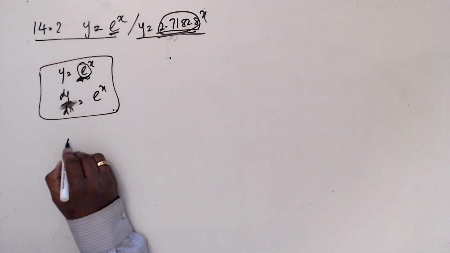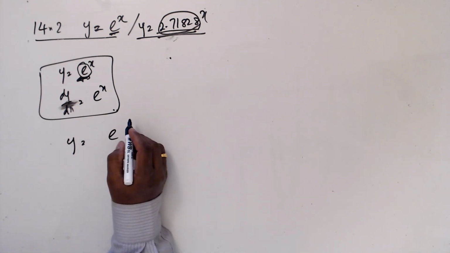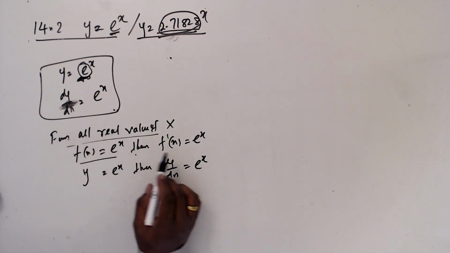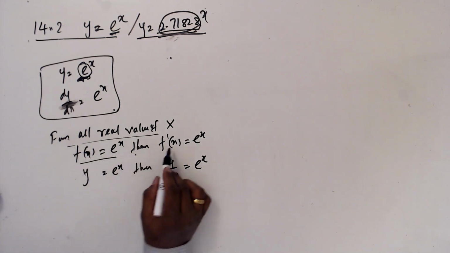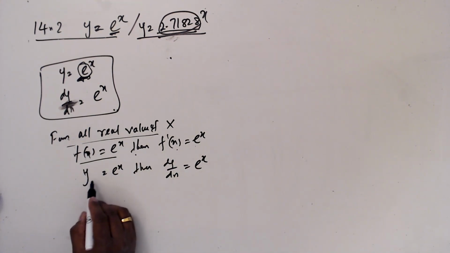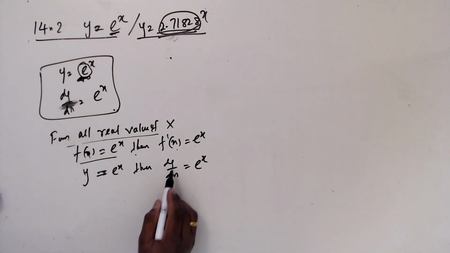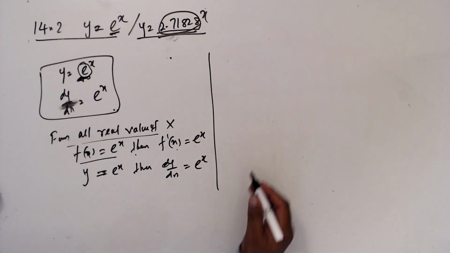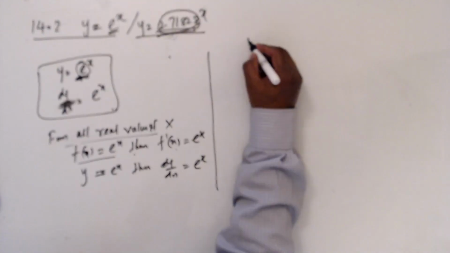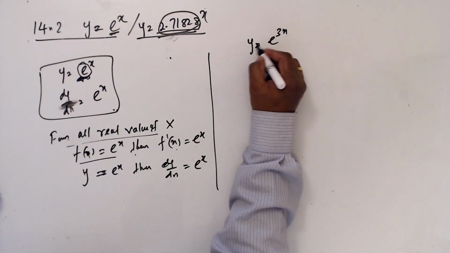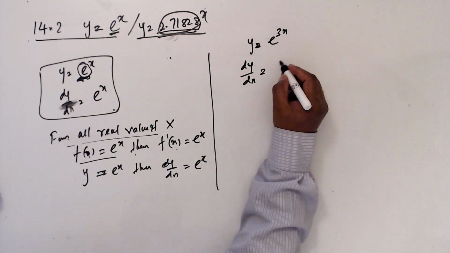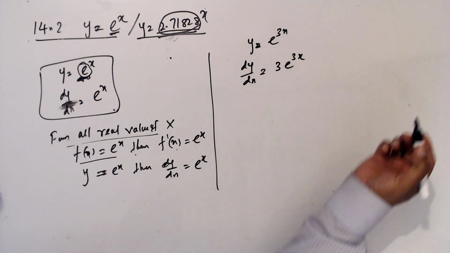Now what will happen? We'll write the definition. For all real values of x, f(x) equals e^x. If you take f(x) instead of y, then f'(x) equals e^x. So if you take this as y, then y equals e^x, and dy over dx equals e^x. And now if you see y equals e^3x, how do you do it? Then dy by dx equals 3e^3x.